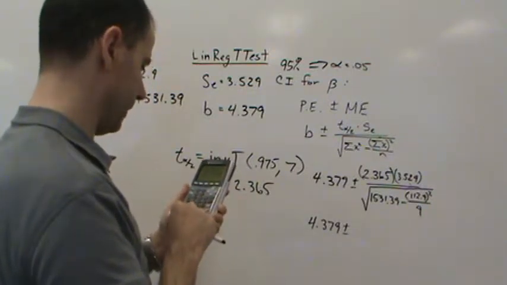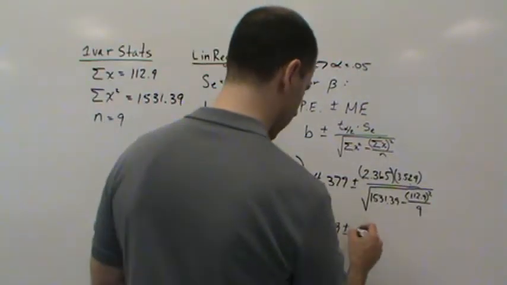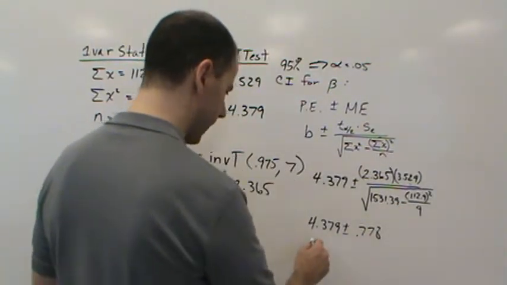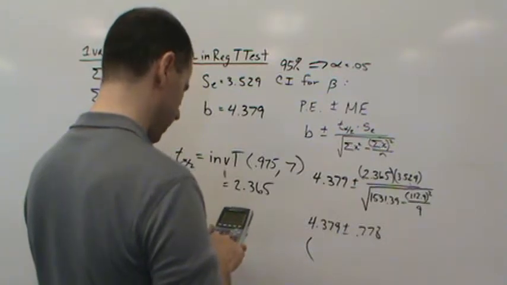And what do I get? I get 0.778. And so my final confidence interval for the true slope of the regression line is going to be what?